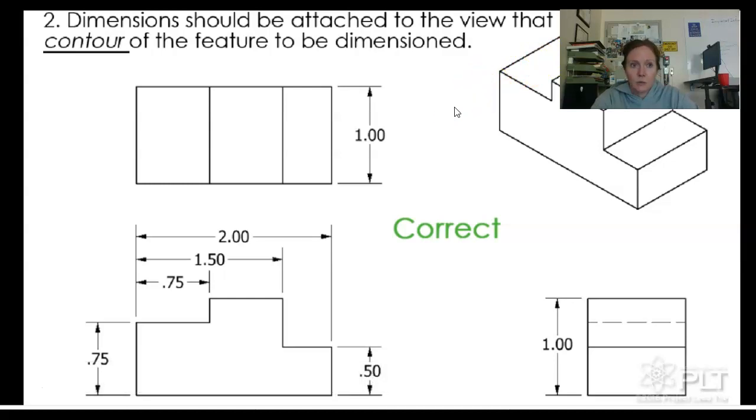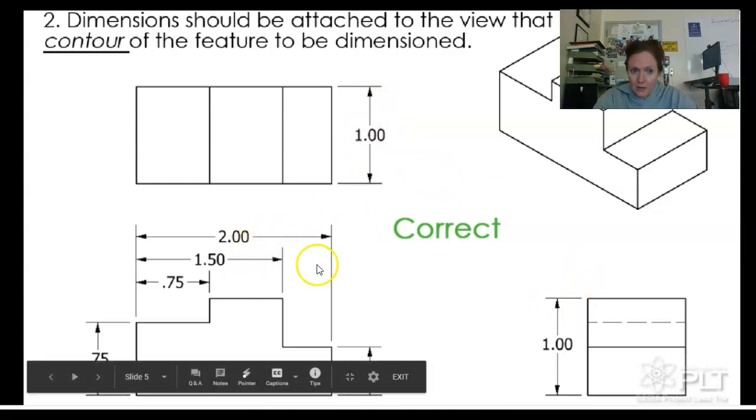So the second rule is the dimension should be attached to the view that best shows the contour of the feature to be dimensioned. Okay, so we're going to look back at that same sketch. We're still going to stick to our normal things: depth, height, width. But notice I have a couple height measurements here.